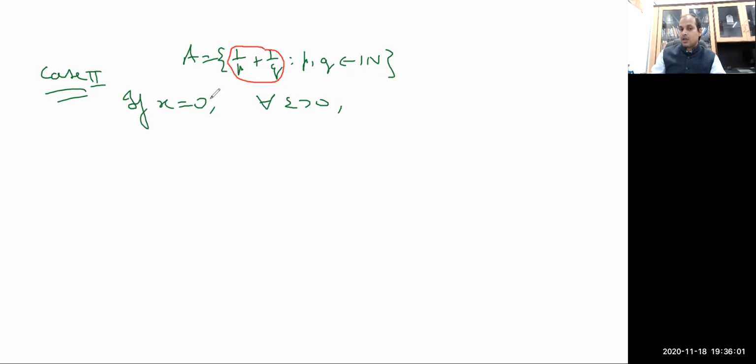Now, how do we show that every neighborhood of 0 will contain infinitely many members of the type 1 by P plus 1 by Q? That comes from the Archimedean property of R. So let me write it.